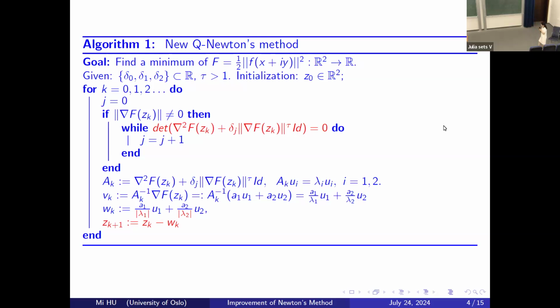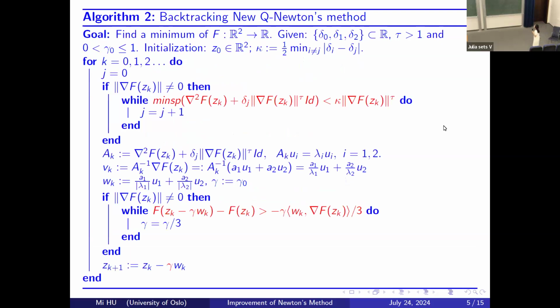Okay. Well, then later there's the backtracking Newton method. The difference between this backtracking Newton method and the previous Newton method is this step. Here the minimum spectral is the minimum eigenvalue of this matrix.